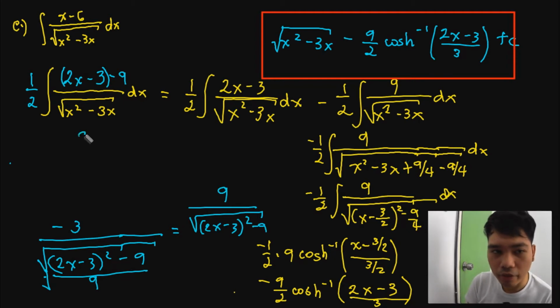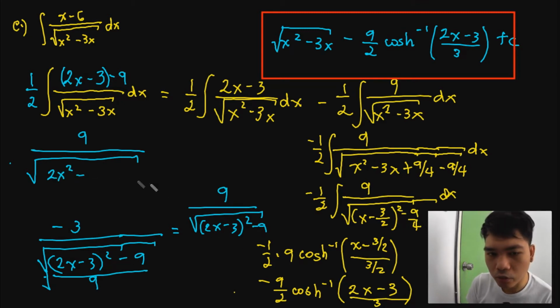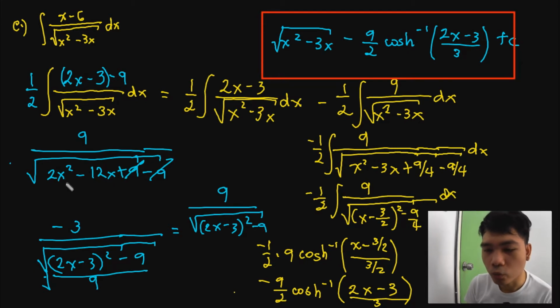So with this, we have 9, and then in this case we have the square root of 2x squared minus, I think this will be 12x, kasi 3 times 2x would be 6x, and then times 2, so that would be 12x, and then plus 9 and then minus 9. So with this, we can cancel out 9. And then if you want to factor out 2 from this expression, then we can do it.